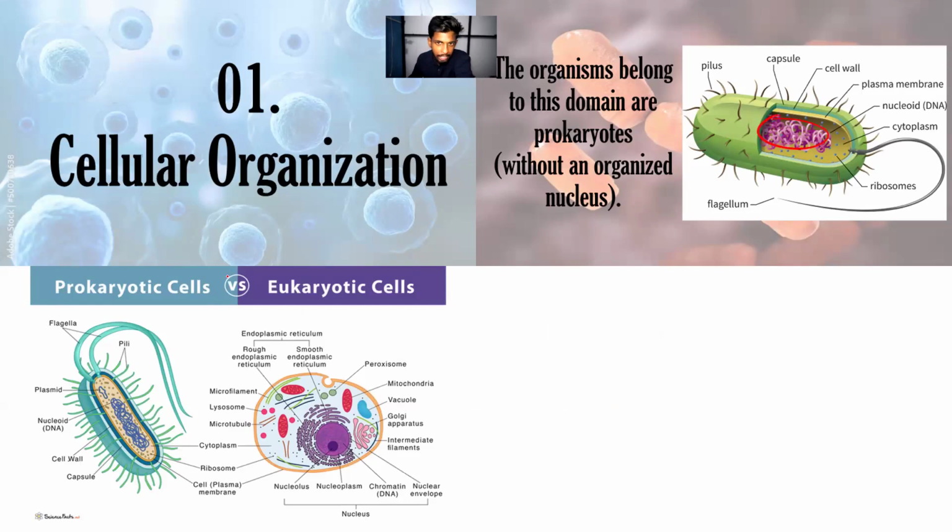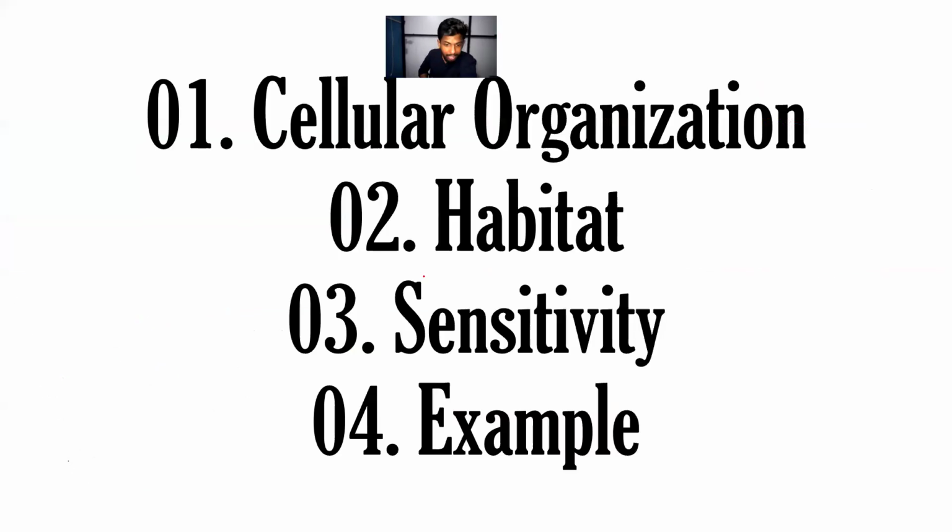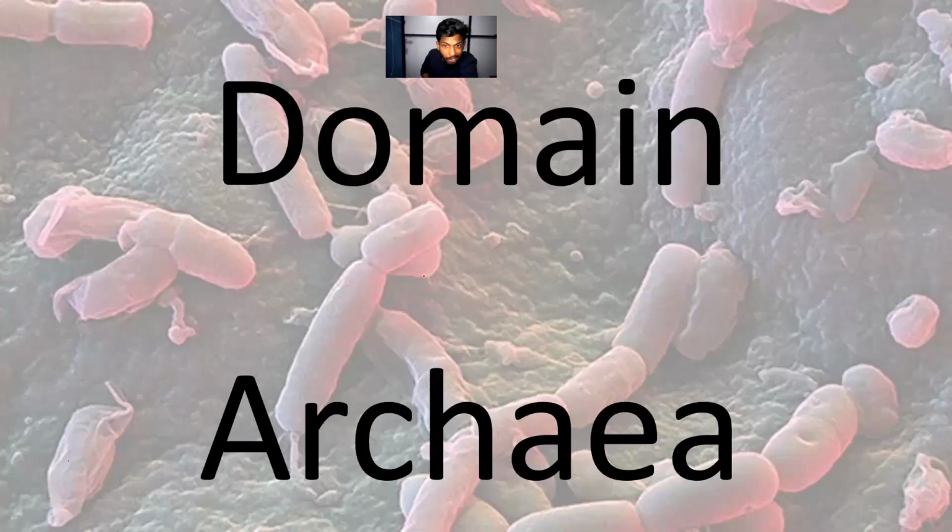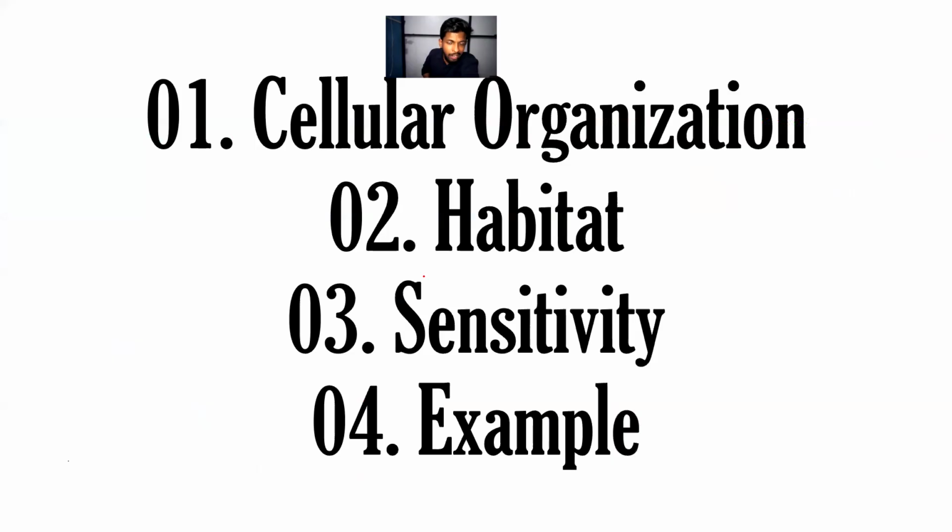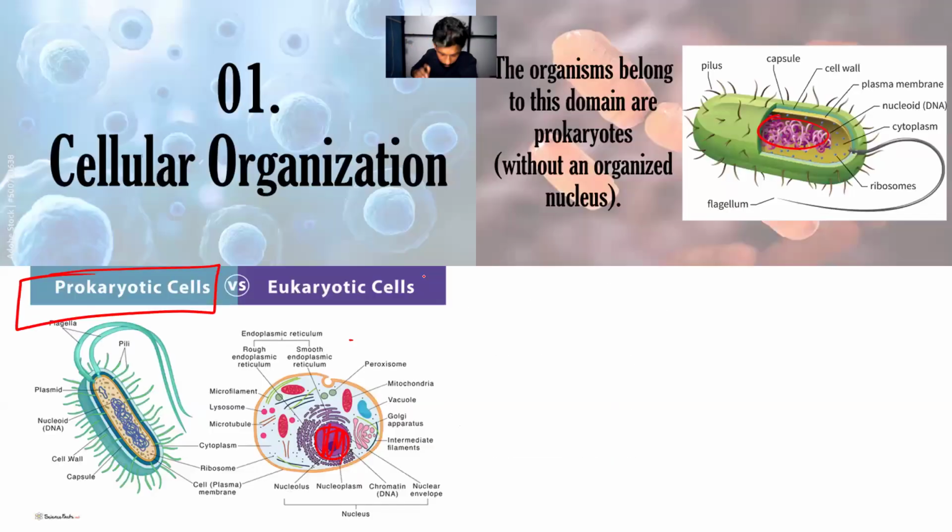Eukaryotic cellular organization means they have a proper nucleus. For the domain archaea, they have the prokaryotic cellular organization.